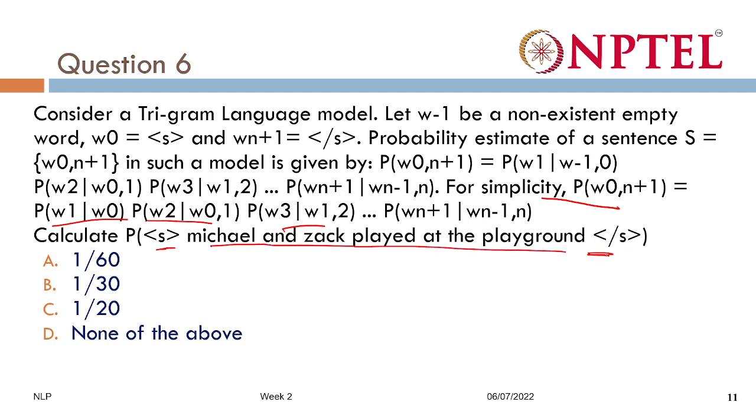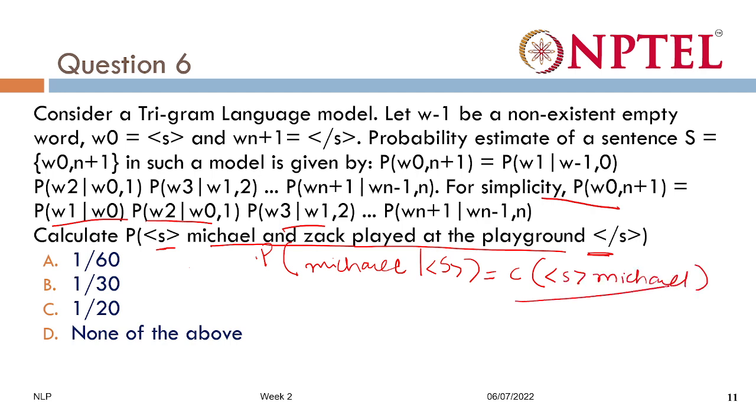First of all, we will compute the conditional probability of Michael occurrence given the start token. You take the count of start token and Michael upon the count of the word in the denominator, that is your start token.